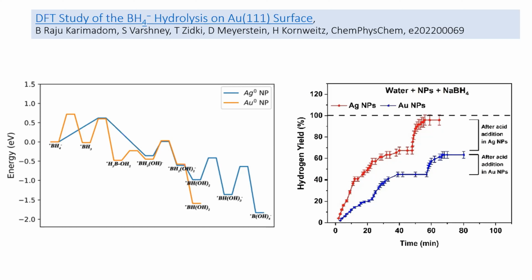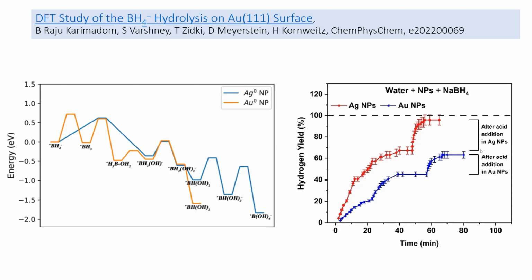The red line is the silver nanoparticles as the catalyst, and here we see that on the silver surface we get about 66% of hydrogen yield, no more.